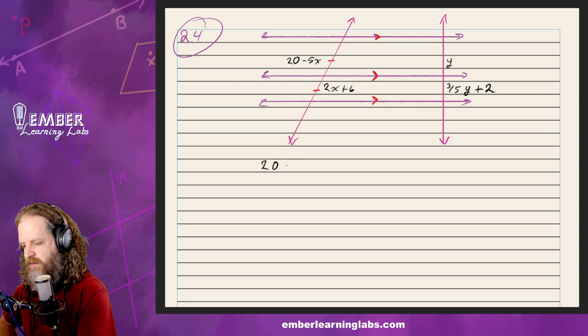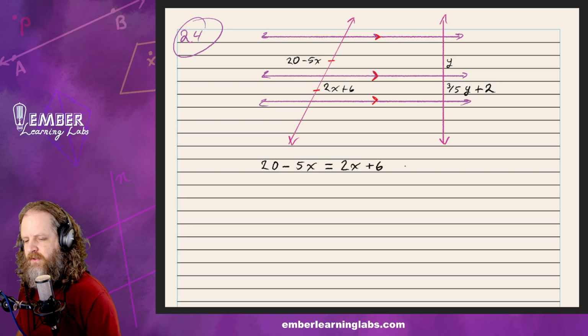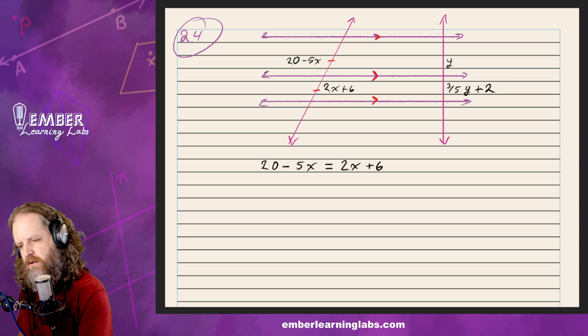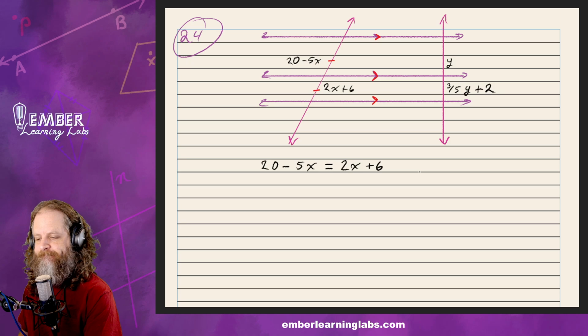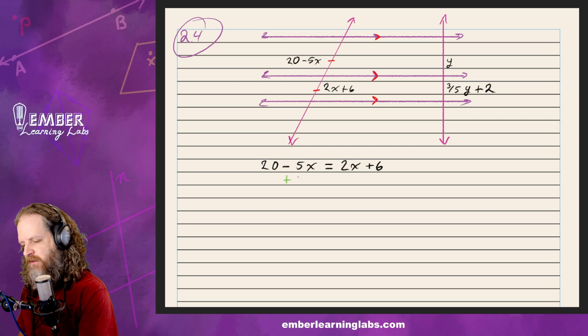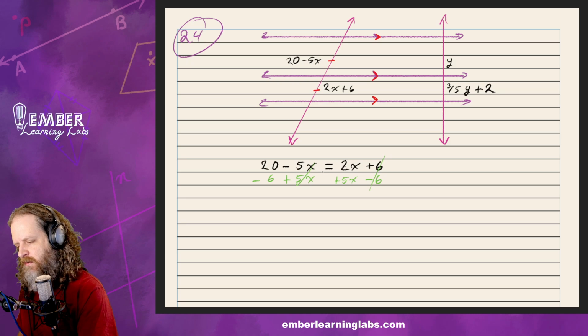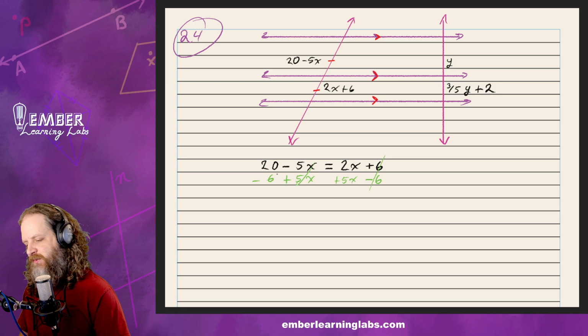Right? So 20 minus 5x equals 2x plus 6. So now what? So add 5x to both sides and subtract 6 from both sides, which cancels here and here. 20 minus 6 is what? 14.